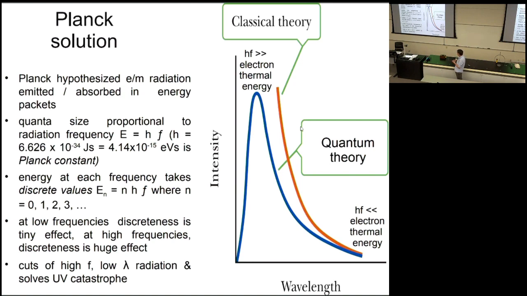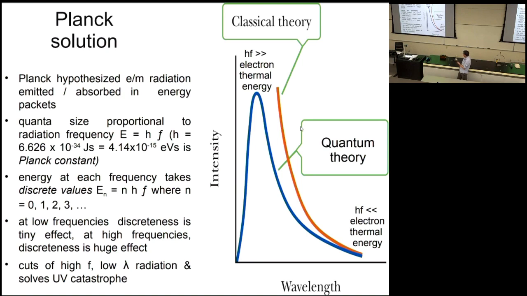The size of the energy packet, so E is the energy packet, is equal to the frequency of the electromagnetic radiation times a new constant. Its symbol is h. It's what we call Planck's constant. It's this number here, 6.6 times 10 to the minus 34 joule seconds. Or you can write it in other energy units, 4.1 times 10 to the minus 15 eV seconds.